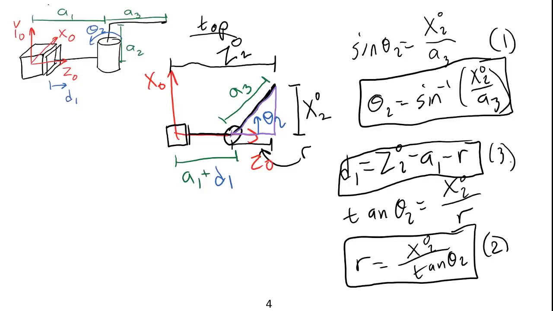I can do that because by the time I get to equation 2, we've already solved for theta 2, so we can solve for R. And once we've solved for R, we can solve equation 3 for D1.